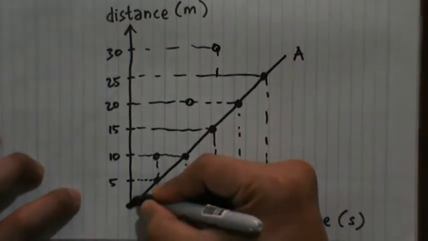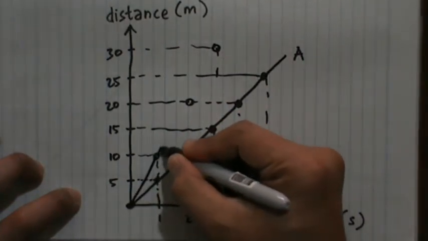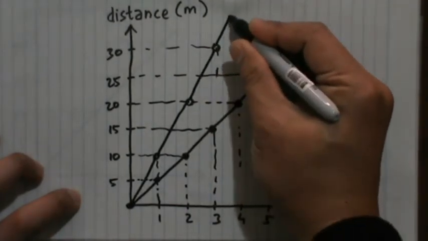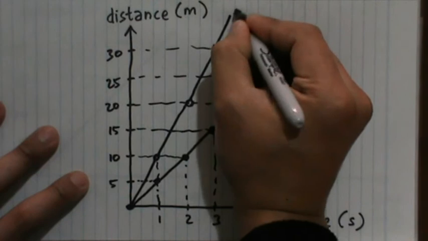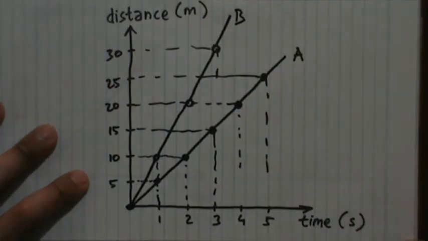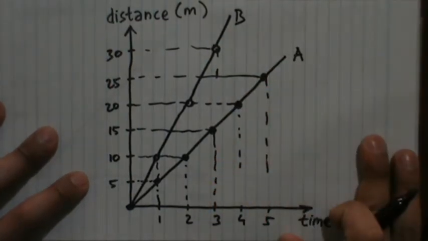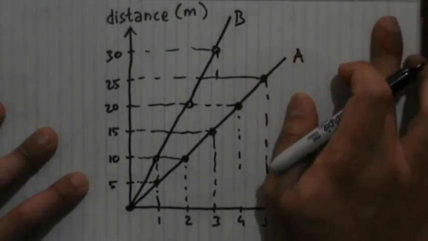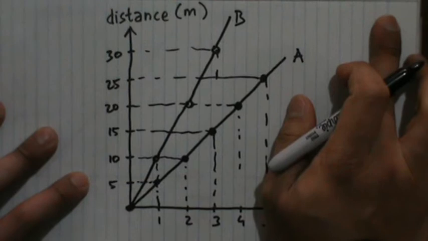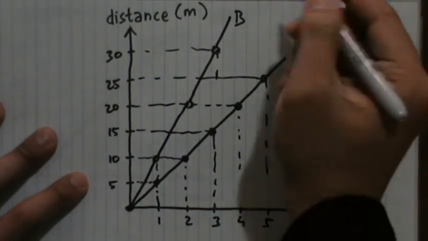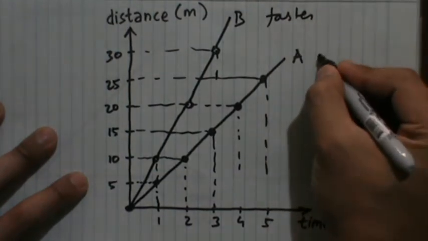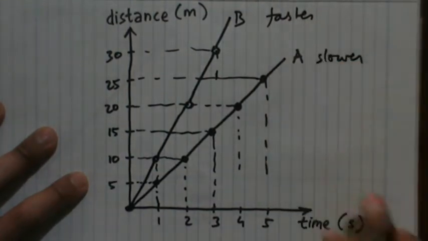If you connect these points, you will get a straight line like this, and this is for car B. You can see here the difference, that car B has a speed larger than car A. So we can say that car B is faster than car A, or car A is slower.